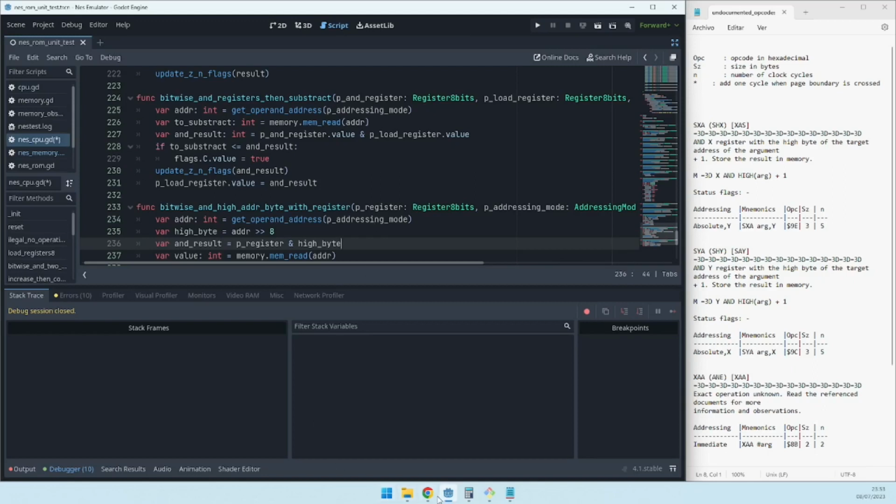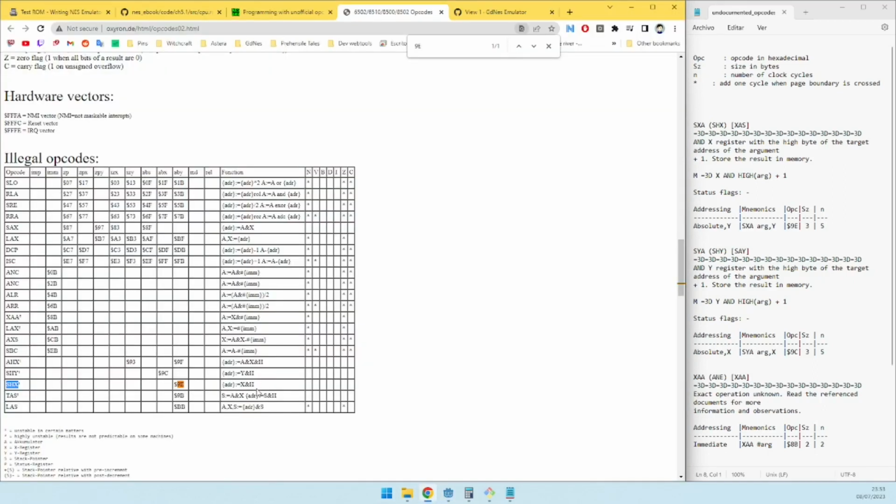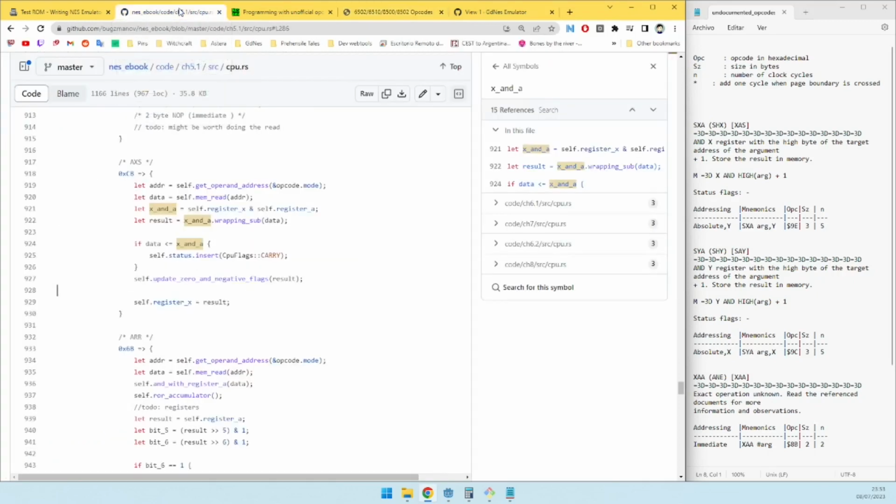Is it high byte plus 1? It doesn't say plus 1 here. What does it do in here? 9E.